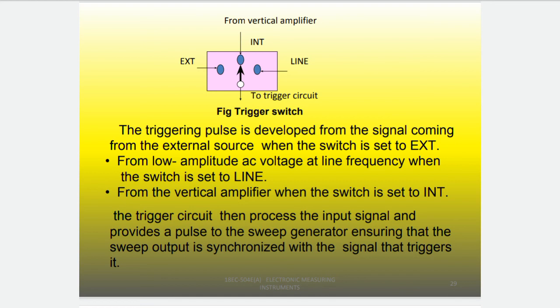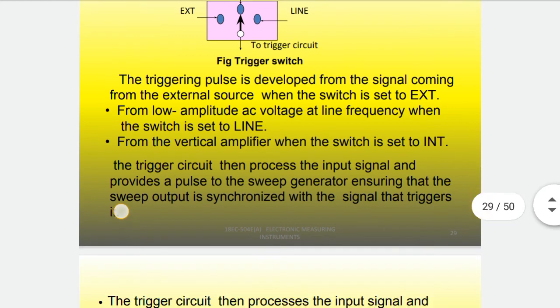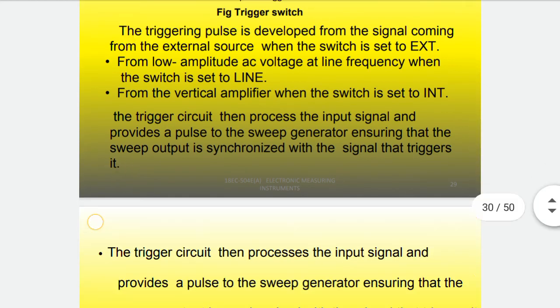If the switch is put in the line mode, it is from the low amplitude AC voltage at line frequency. You know already line frequency is nothing but 230 volts, 50 hertz. That is about the trigger switch.